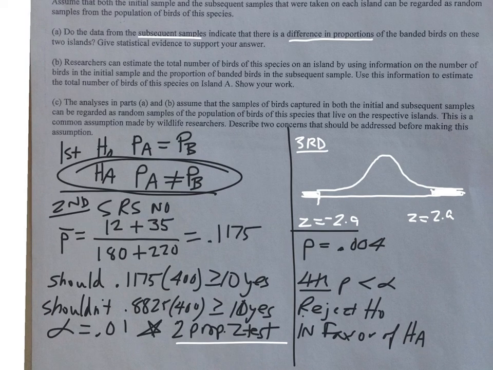All right, question B is showing that the banding can help them estimate how many total birds are on a particular island. Looking at Island A, 12 out of the 180 birds that were collected had bands. That was around 7%.